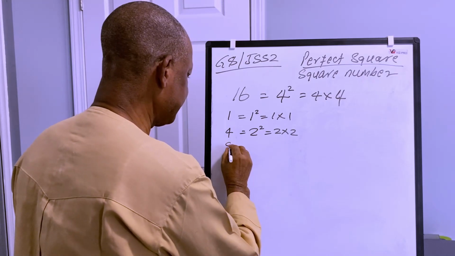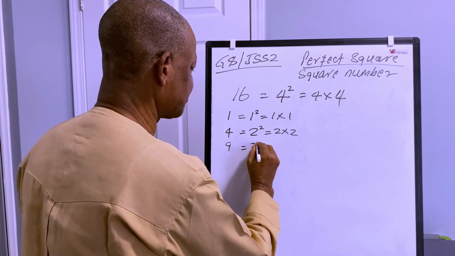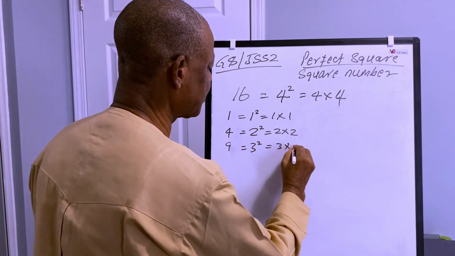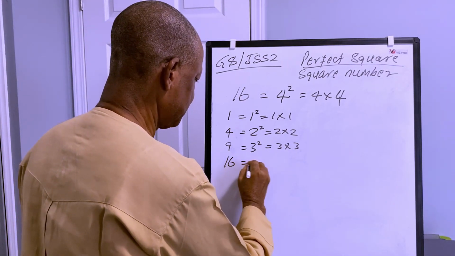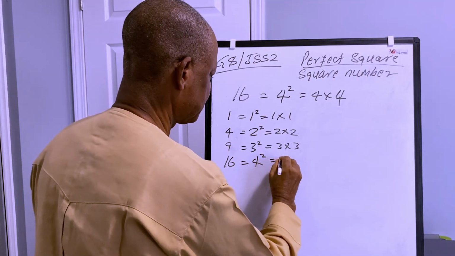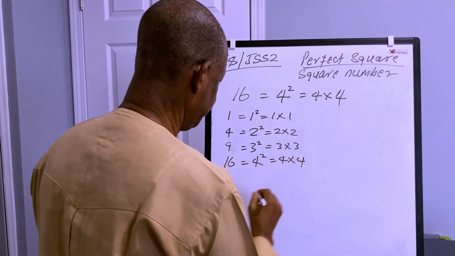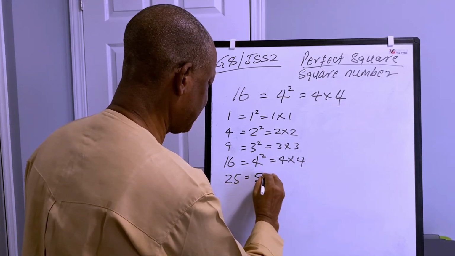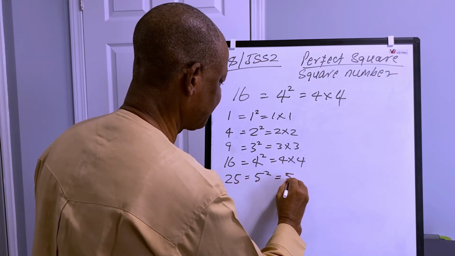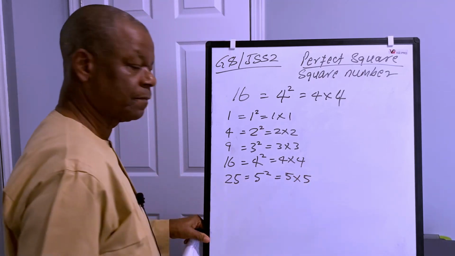And we have 9 is a perfect number because this is 3 square, which is 3 times 3. 16 is 4 square, which is 4 times 4. We have 25. 25 is 5 square, which is 5 times 5.